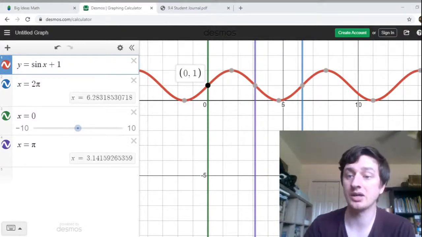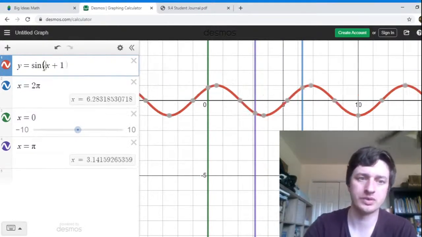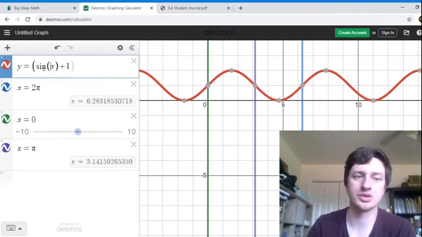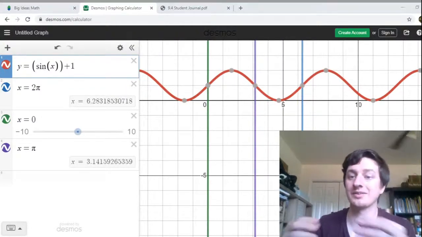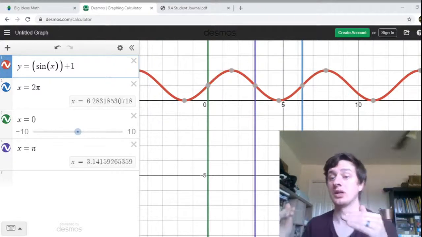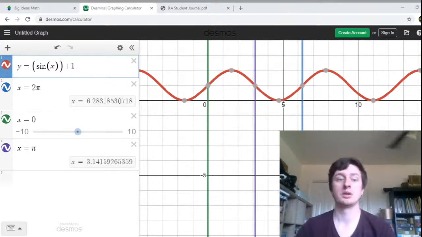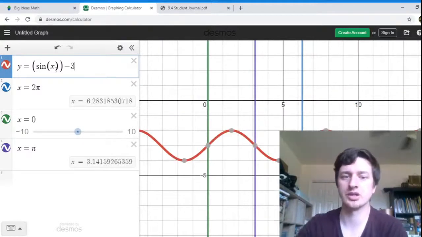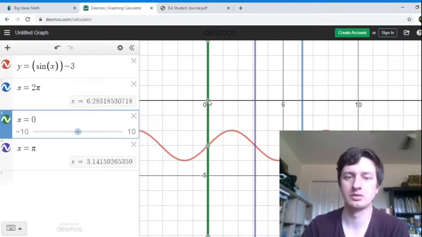So I'm outside the x, outside the sine. I'm taking my whole sine function, calculating sine of x, and then adding 1 to it afterwards, and that shifts it up. If we were to subtract, it would shift down from my 0 line here.